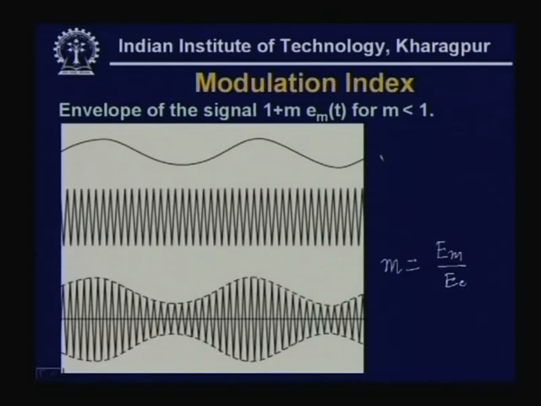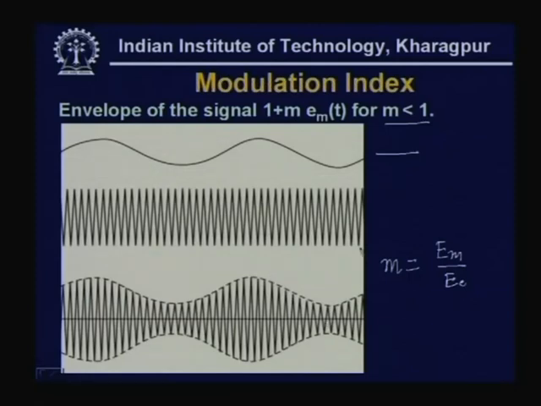In this particular case, E_m is the maximum amplitude of the modulating signal, and E_c is the maximum amplitude of the carrier. Now, this kind of waveform you get whenever the value of m is less than 1. That means, the maximum amplitude of the modulating signal is less than the maximum amplitude of the carrier. Then we get a waveform like this.